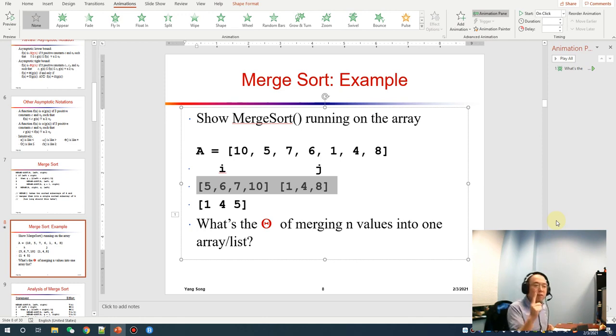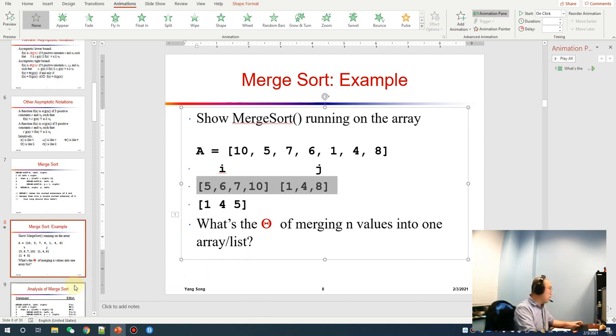Either we touch it with the I cursor or we touch it with the J cursor. But we will touch each value only once. So this will give me a linear algorithm, so that is Theta n.